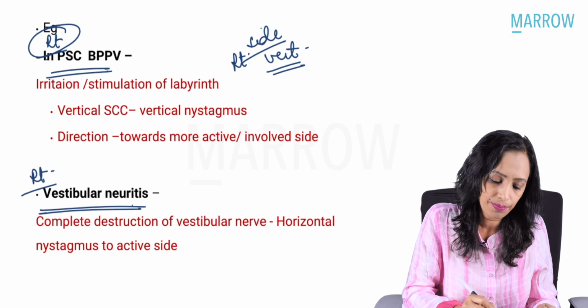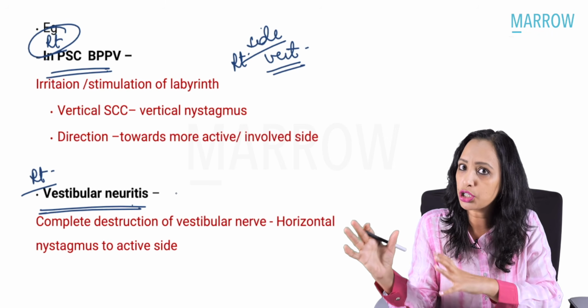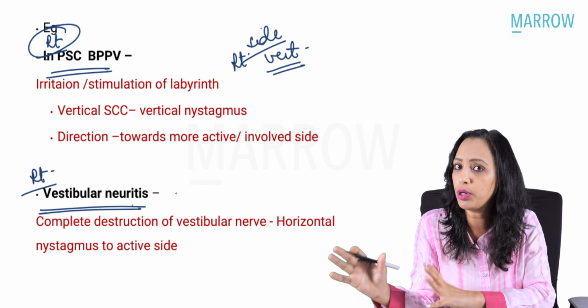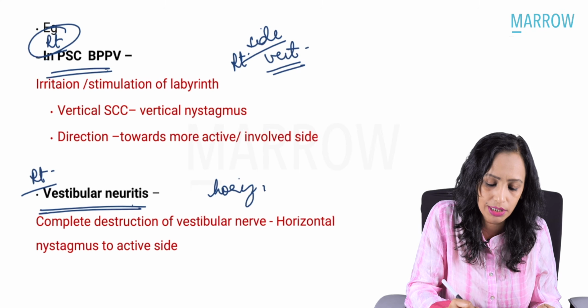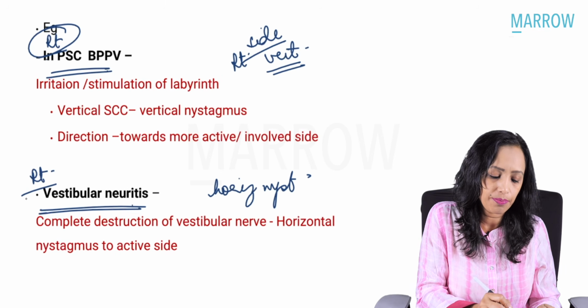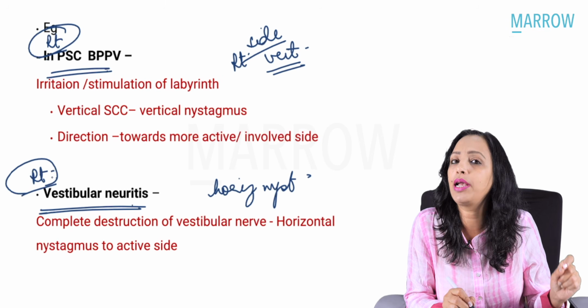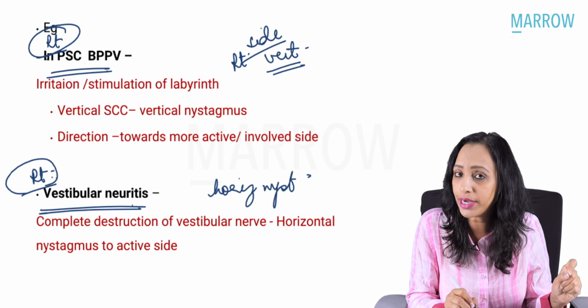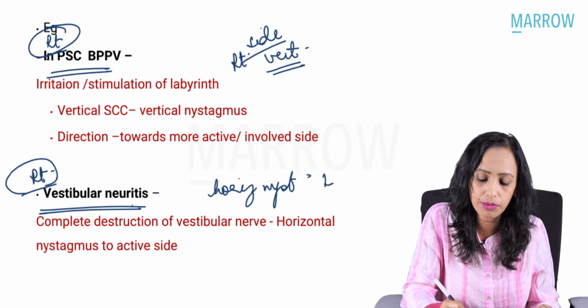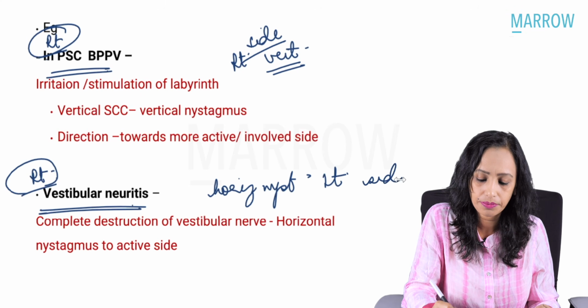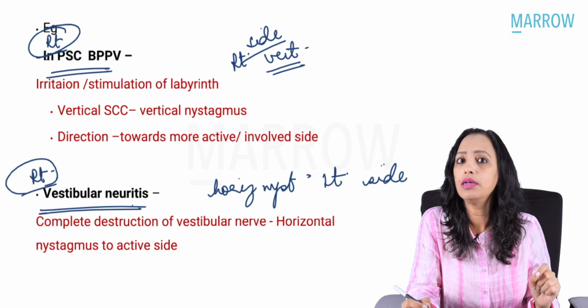Complete involvement of one side labyrinth will lead to horizontal nystagmus. And towards which side? If it is involvement of the right side, right becomes the hypoactive side. Nystagmus is always towards the more active side, so horizontal nystagmus towards the left side. Is that very clear? Yes.